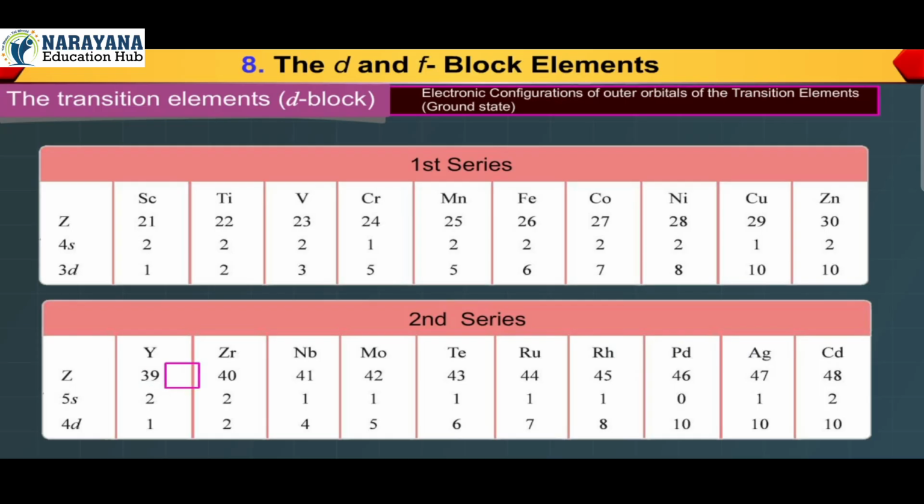Z 39, 40, 41, 42, 43, 44, 45, 46, 47, 48. 5s: 2, 2, 1, 1, 1, 1, 1, 0, 1, 2. 4d: 1, 2, 4, 5, 6, 7, 8, 10, 10, 10.